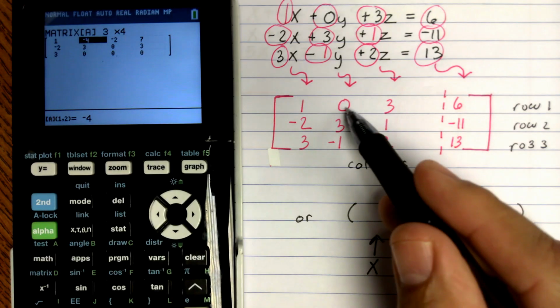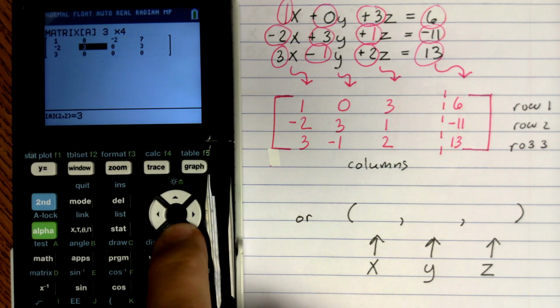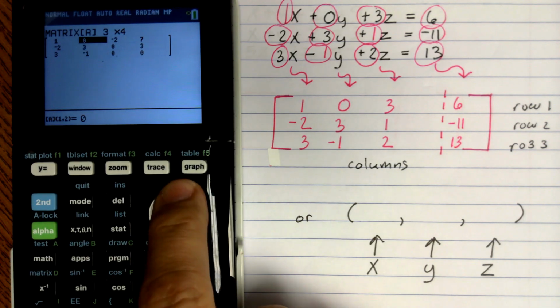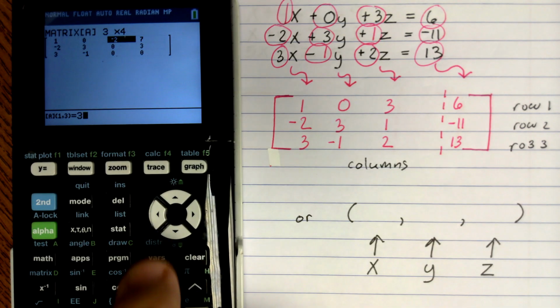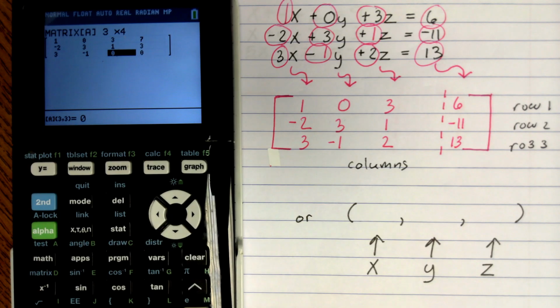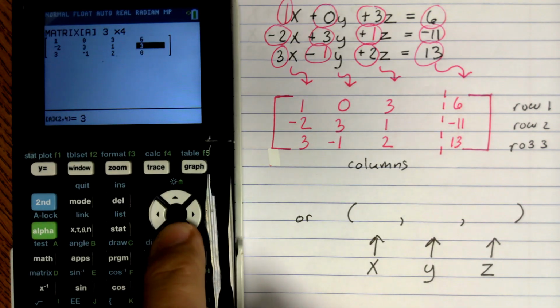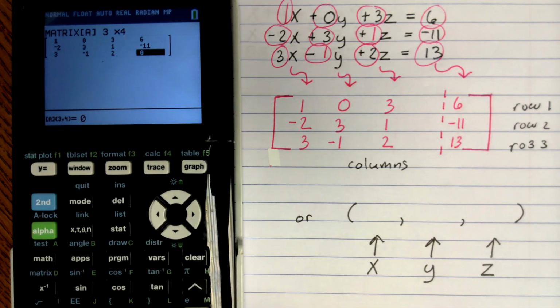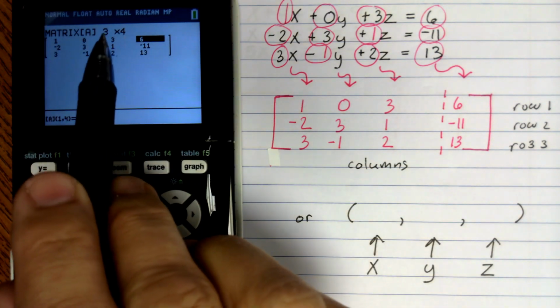I'm going to go to the second column: 0, 3, and -1. And the third column is 3, 1, and 2. And the final column is 6, -11, and 13. Alright, so notice I have all my values in.